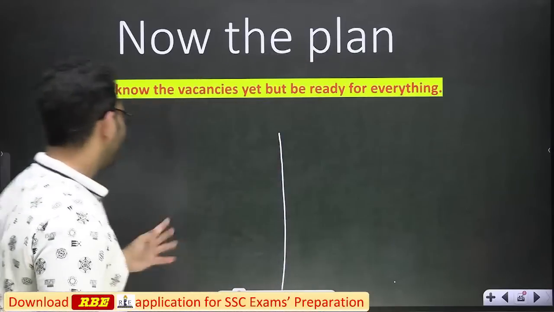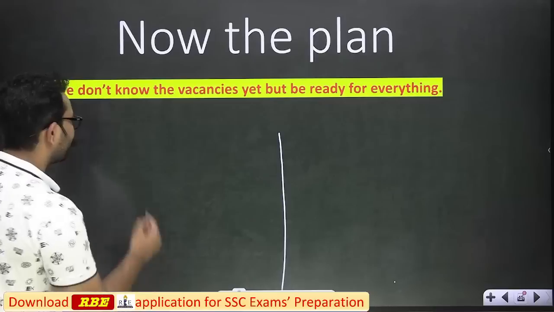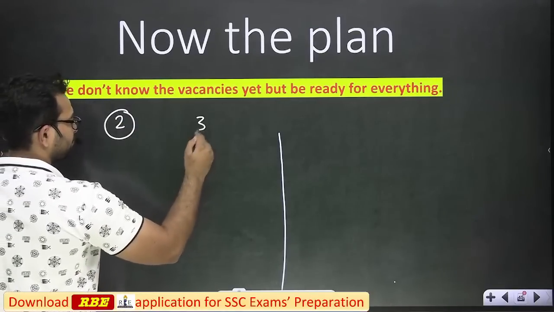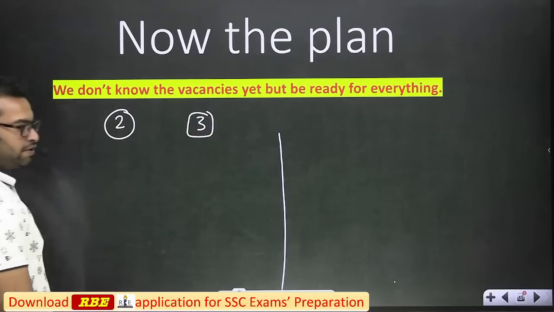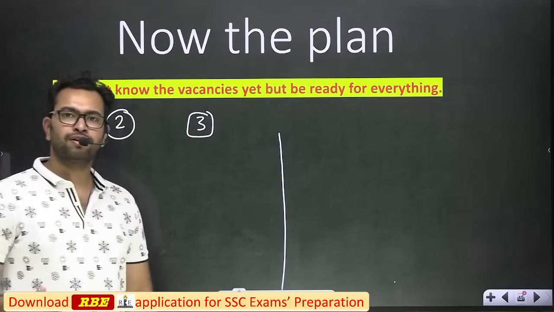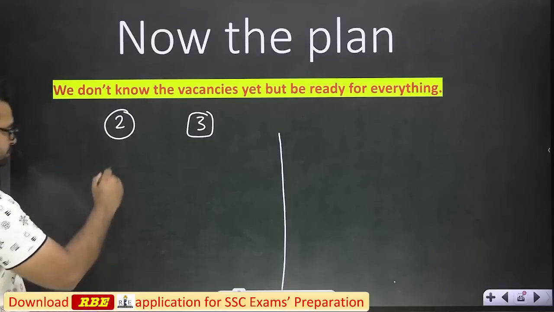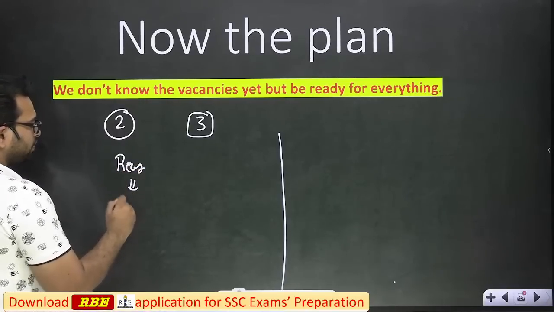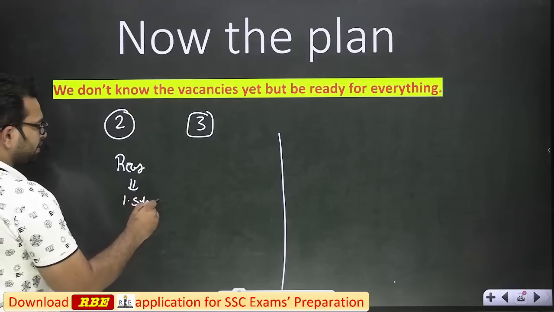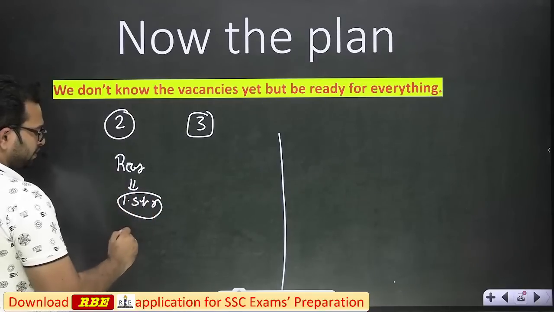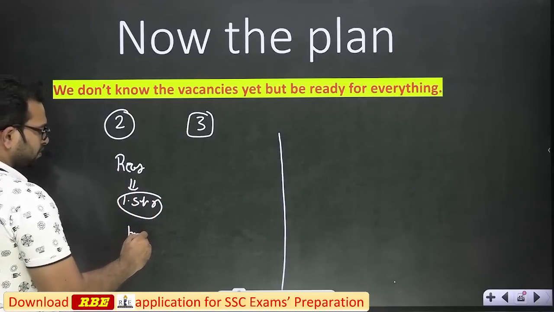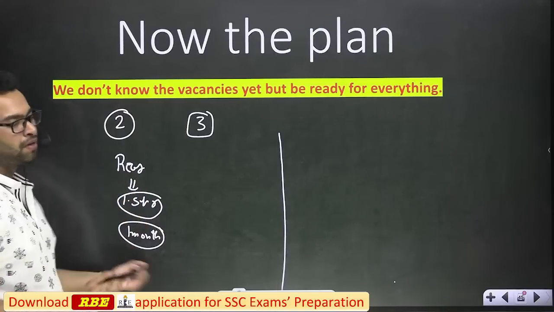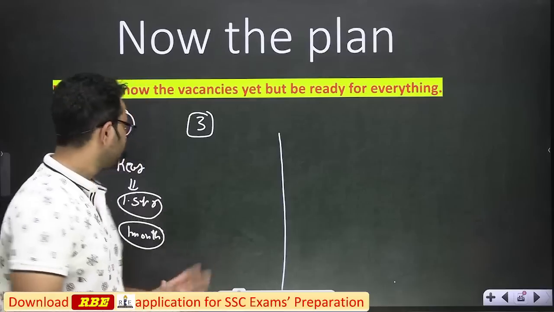So, let's move ahead. What I'm trying to say is, take at least 2 subjects in a day and maximum 3 subjects. If you want to cover reasoning first, give around 1.5 hours for reasoning daily, and in a month you will have covered maximum part of reasoning, right?